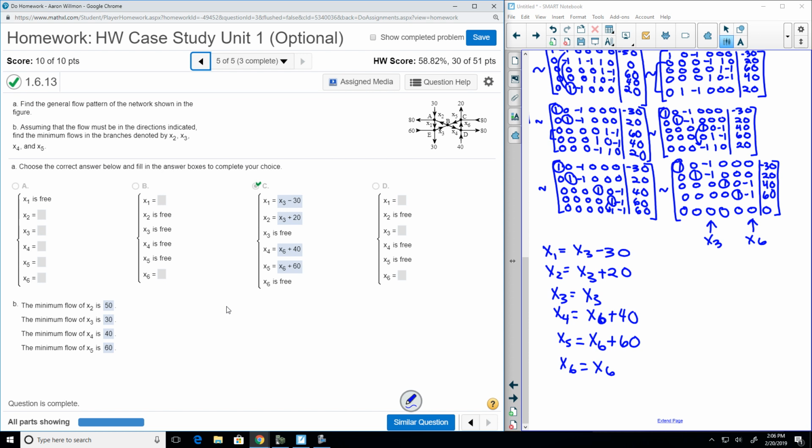So if x3 was 30, then x1 would be exactly 0. So that means the minimum for x2 would be 30 plus 20. That'd give us 50.